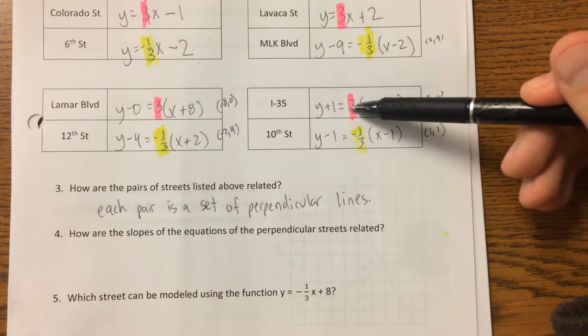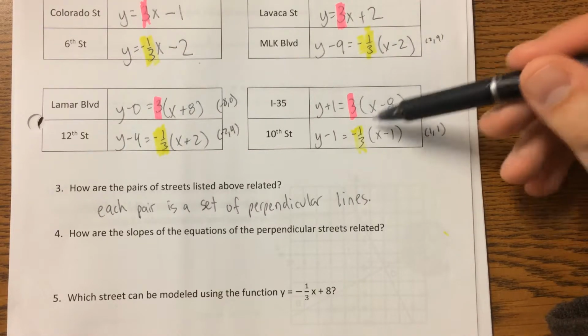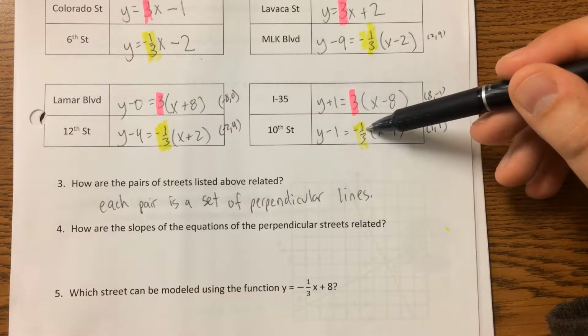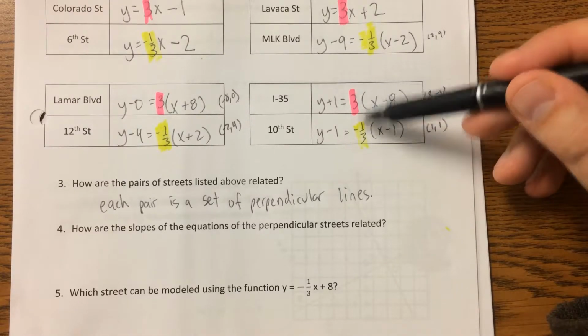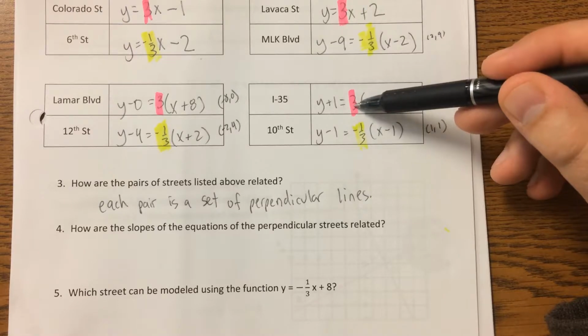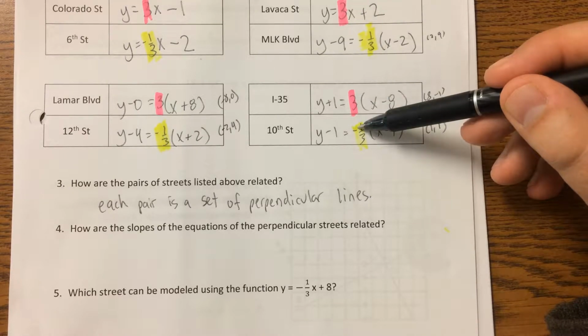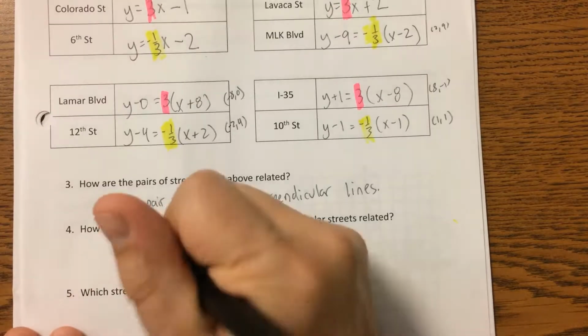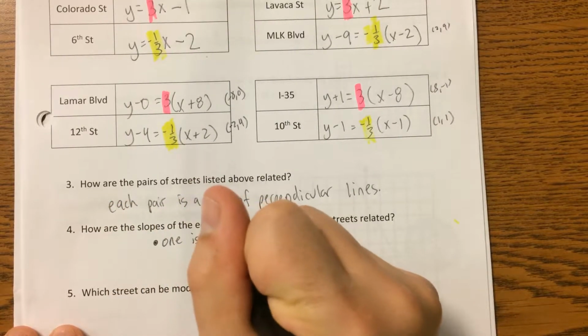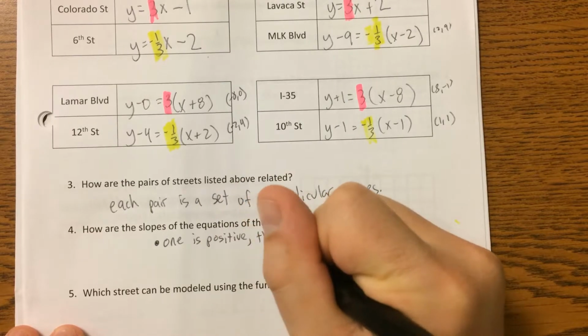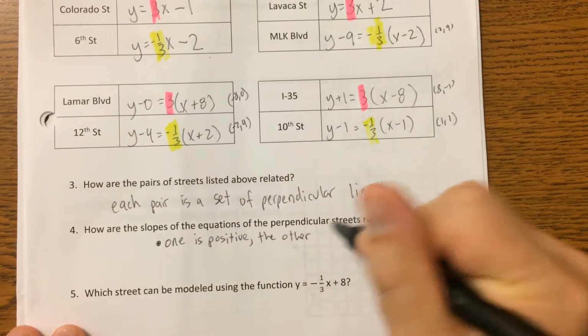Well, if you have a whole number, this is like 3 over 1, and then the other one that it's perpendicular to is negative 1 over 3. So there's basically two things happening here. One is one's positive and one's negative. So let's make note of that first. One is positive, the other is negative.